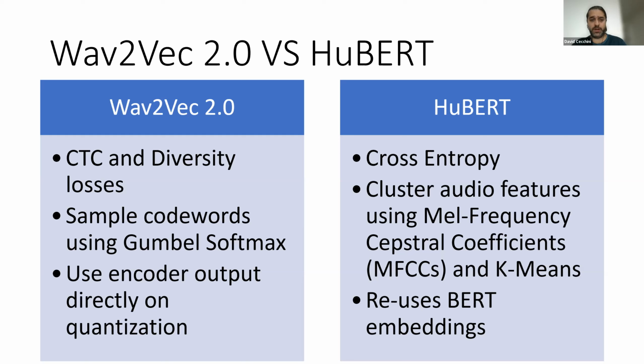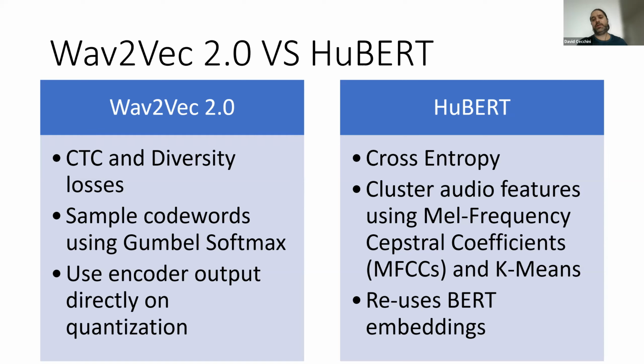One big difference between Wave2Vec and Hubert is that Wave2Vec uses sampling to generate candidates of the phonemes using a softmax approach, while Hubert will first cluster the audio features extracted from the audio input using k-means, and also by transforming the audio into a better representation using MFCCs.